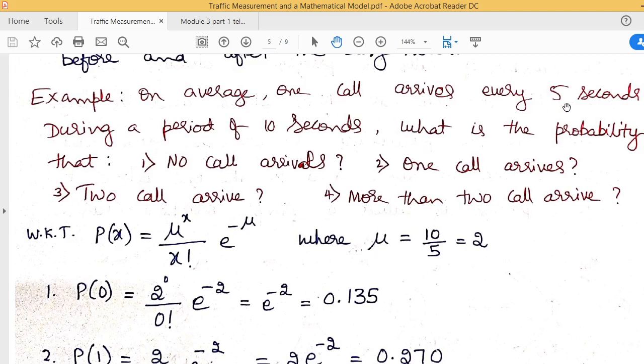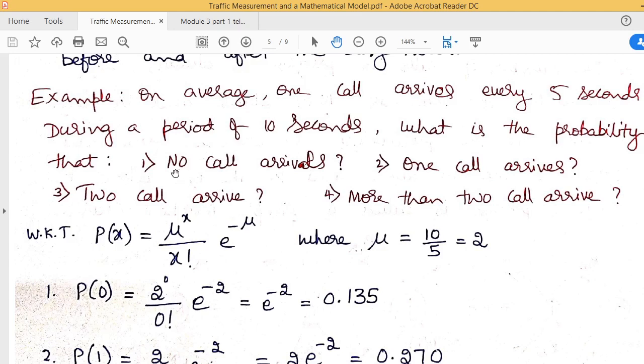Since they have given that within 5 seconds one call is arriving, mu becomes 10 by 5, which is equal to 2. So coming to our standard equation, P of x, the probability of x number of calls arriving, is equal to mu power x by x factorial times e power minus mu.